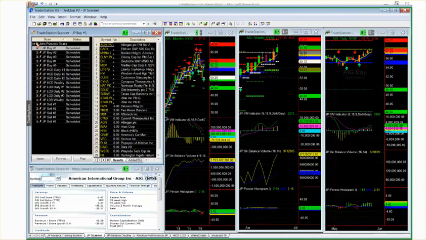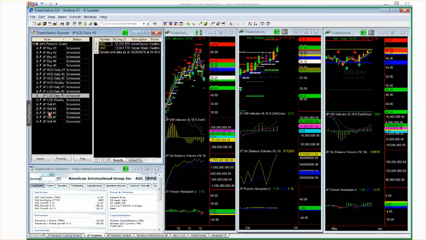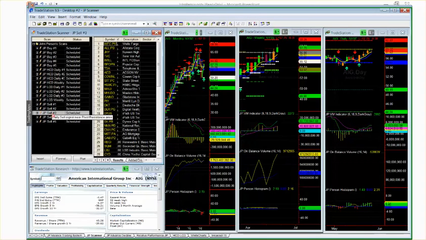Which ones? I'm going to probably focus in on, for example, daily low close dojis, or we're going to say, show me daily sell signals near pivot resistance areas.